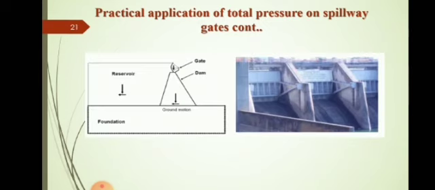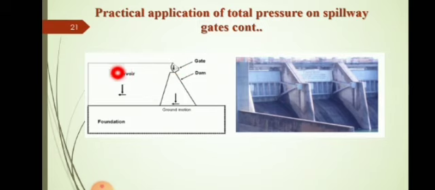This is a figure that shows the spillway gate. This is the reservoir, and this is the dam structure. This is the upstream side and this is the downstream side. I hope you know what it is. The water flows from upstream to downstream. In between, a dam is constructed and it forms a reservoir here, and here a spillway gate is provided.